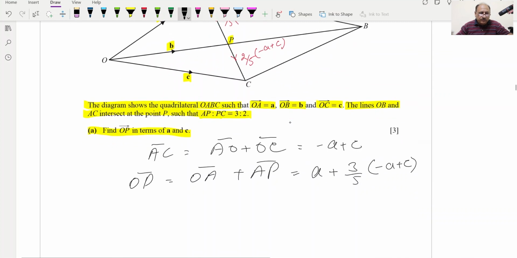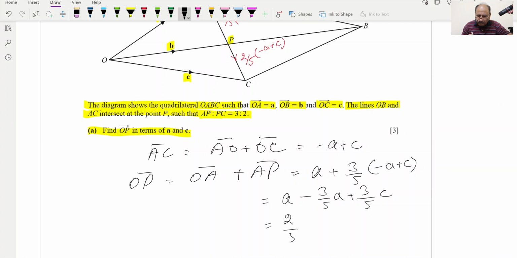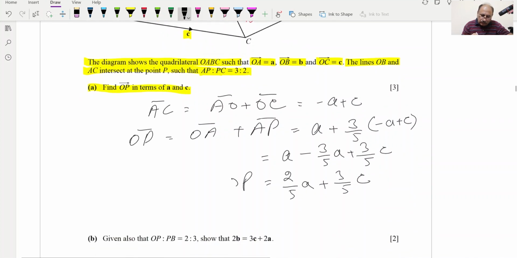Now we can simplify this. When we open the bracket it will be A minus 3/5A plus 3/5C, and 1 minus 3/5 will be equal to 2/5, so it will be 2/5A plus 3/5C. So this is basically OP which we were supposed to find. This is our answer for 3 marks.